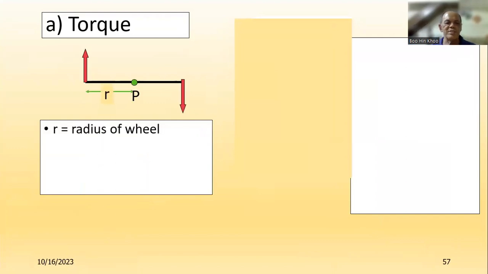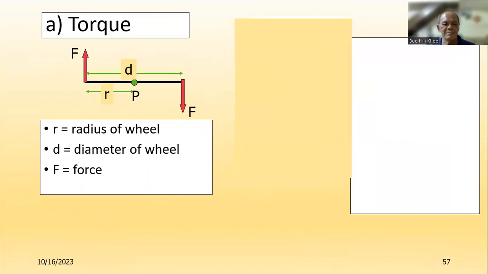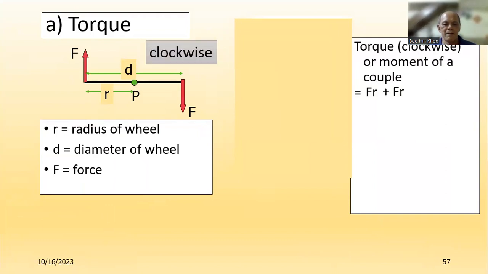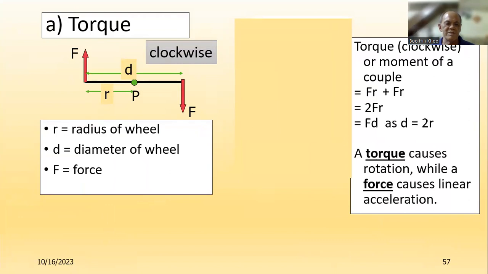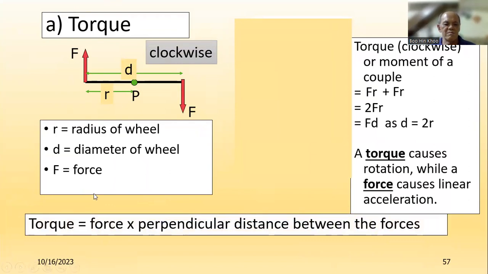Torque for Cambridge is applied to a couple. But for American textbooks, torque can apply to moment. Okay, so we have derived the torque as force times perpendicular distance. We take one force and the perpendicular distance between the forces.